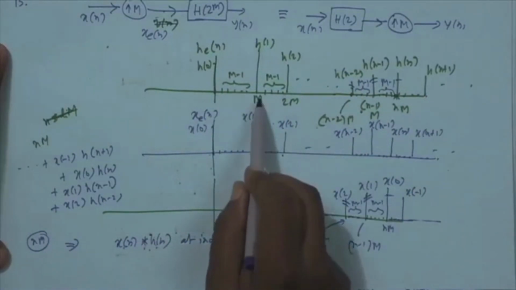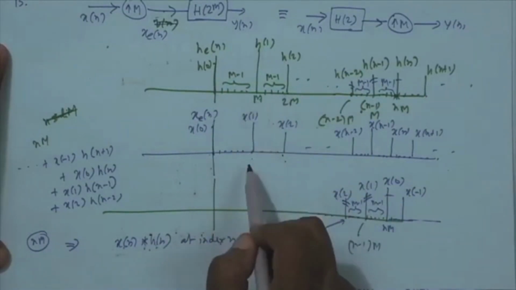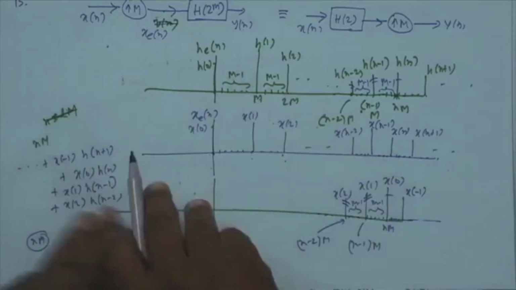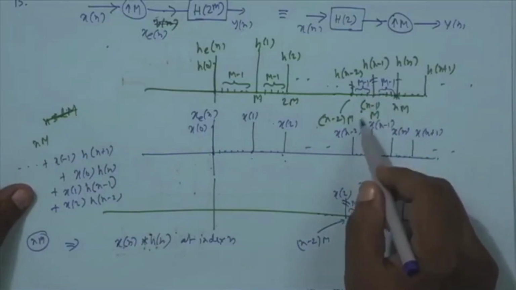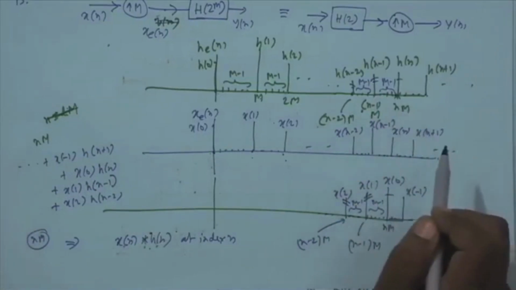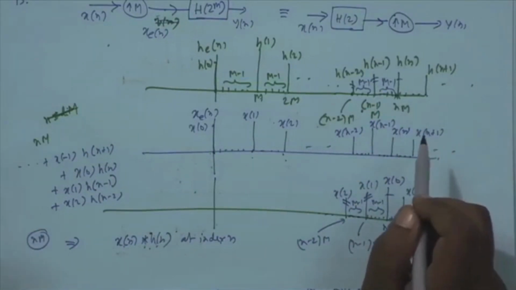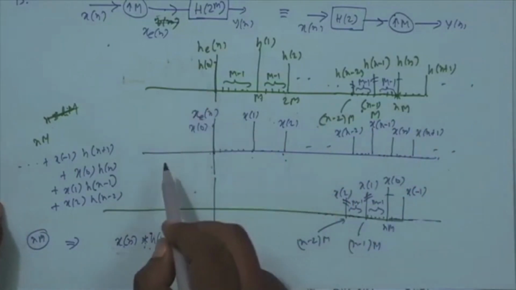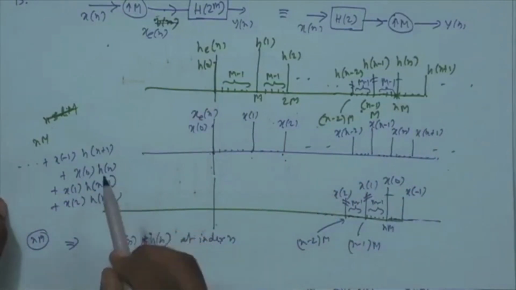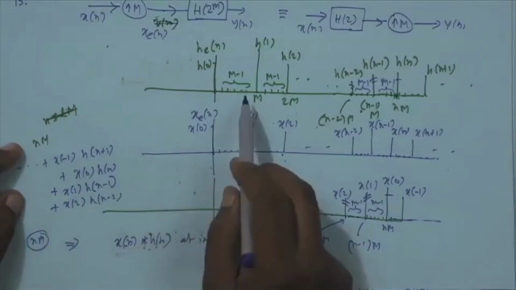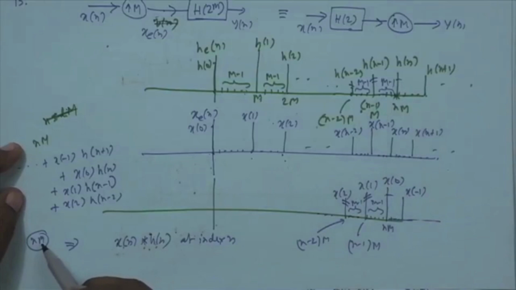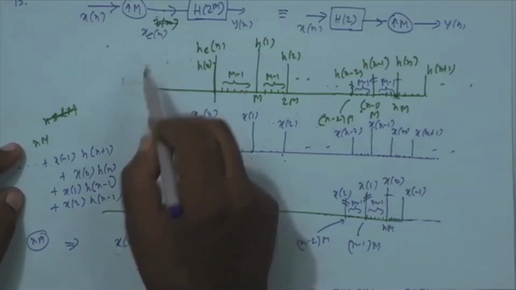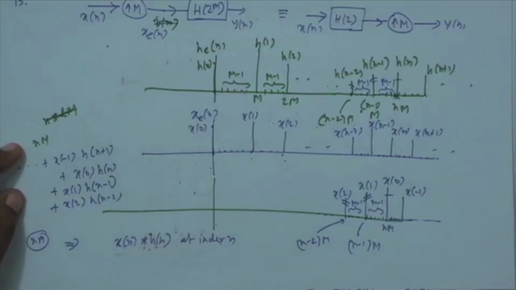So, you flip it and take it to the right. So, x 0 into h 0, x 1 into h 1, like that. Okay. So, at nth point, not nmth, nth point, convolution between x and h is this, right. That means, after expansion, if I convolve the two at n into m, that convolution is the original convolution before expansion of the two sequences at index n.